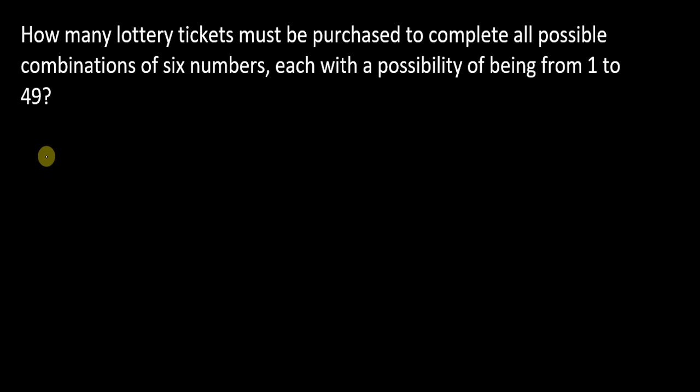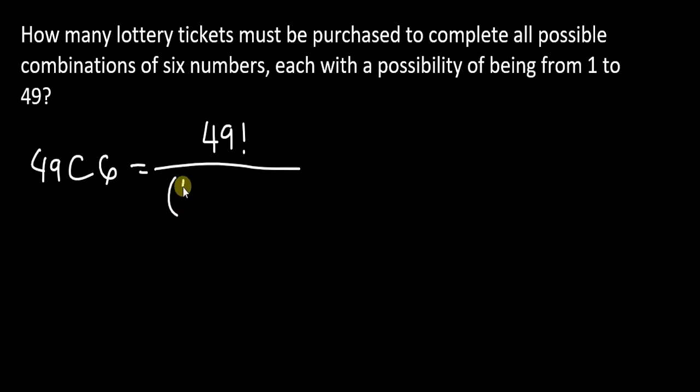So sa 49 na numbers, pipili ka ng 6. So, that is equal to n is 49. So, that is 49 factorial over n minus r, n is 49 minus 6.